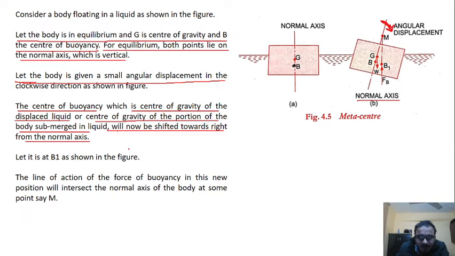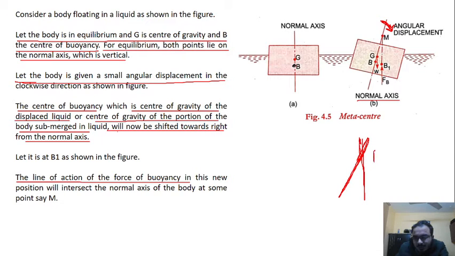So here the line of action of force of buoyancy, that is this one, intersects this normal axis at point M. So this was the normal axis, and this is the line of action of the buoyant force through the new point B1.